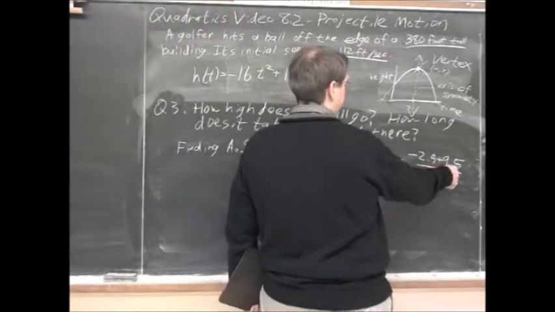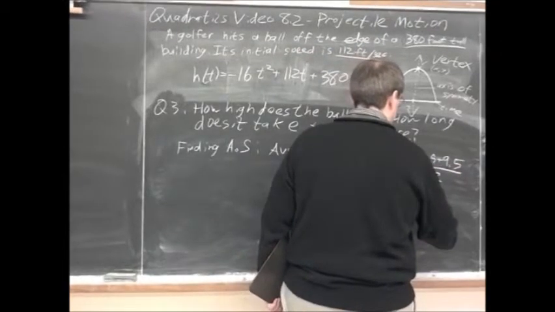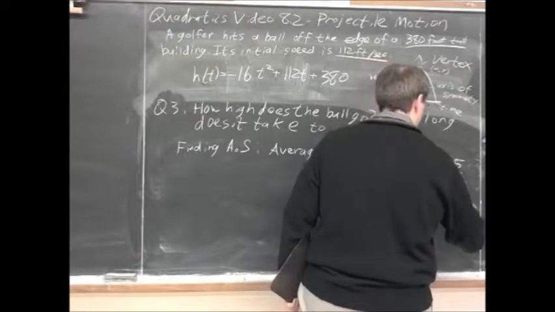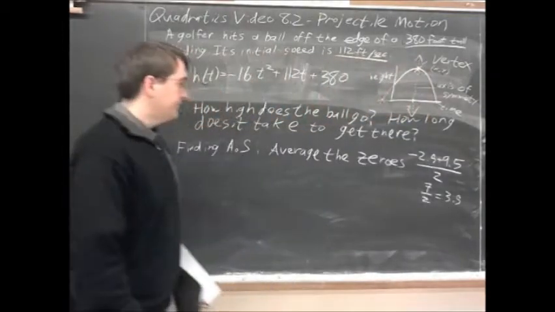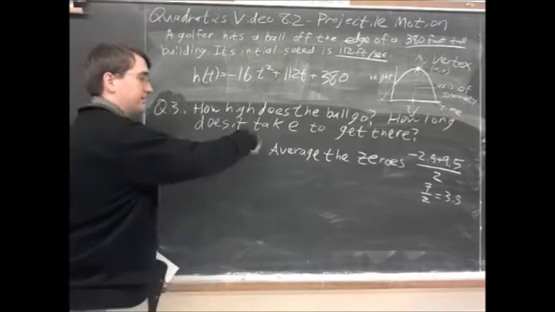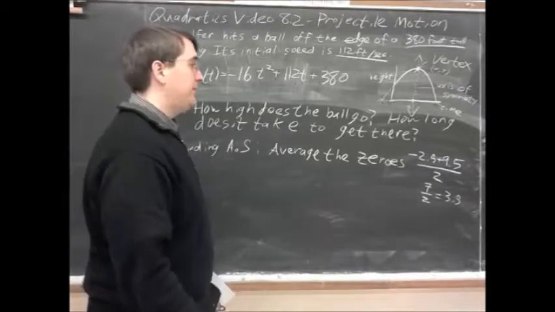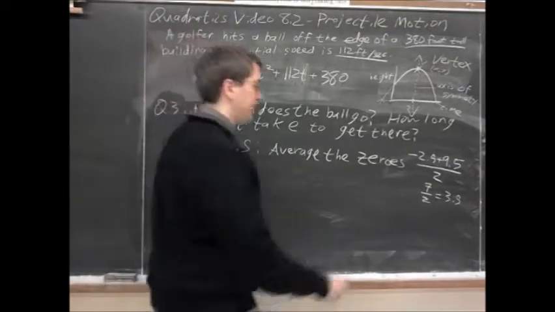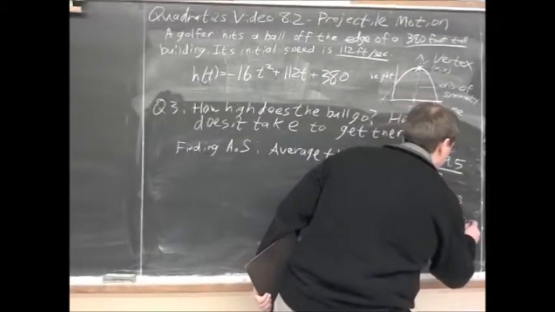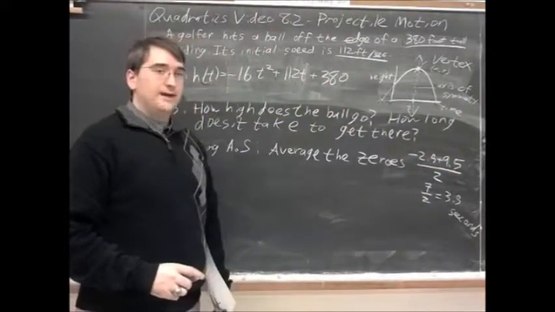Negative 2.5 plus 9.5 is 7, divided by 2, 3.5. So that's actually the answer to the second part of the question. It takes the ball 3.5 seconds to get to that maximum height.